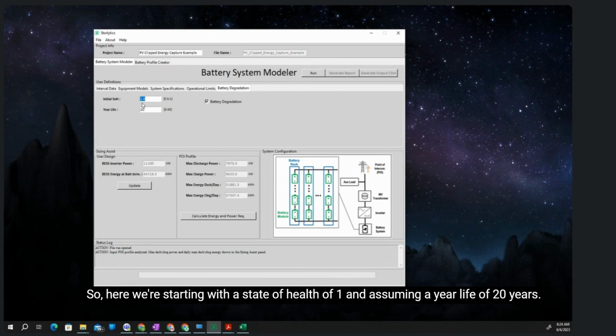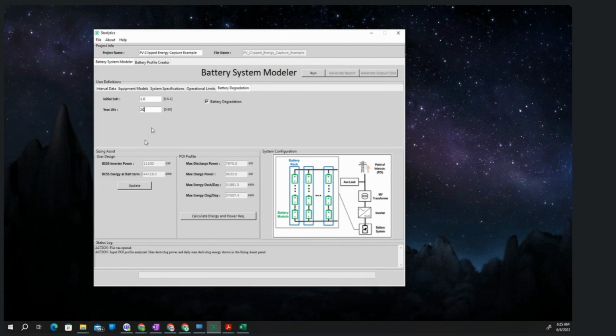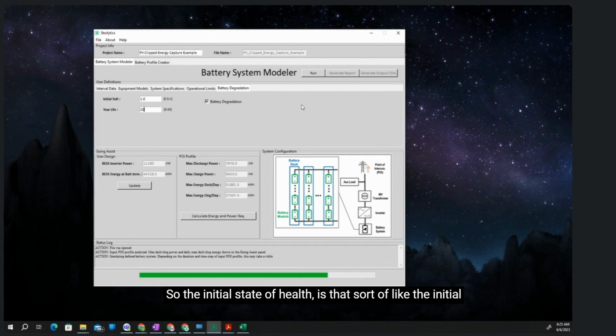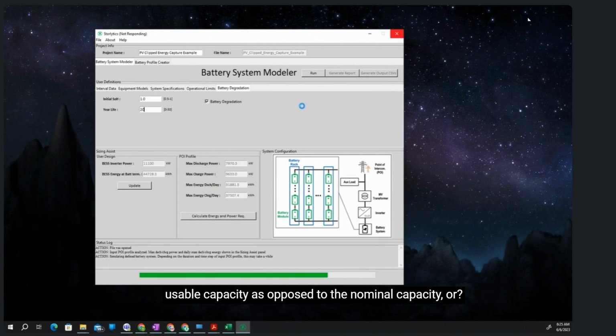Here we're starting with a state of health of 1 and assuming a life of 20 years so that we can get the degradation profile over 20 years implementing the use case that we have here. Nice. And there, the initial state of health, is that sort of like the initial usable capacity as opposed to nominal capacity?